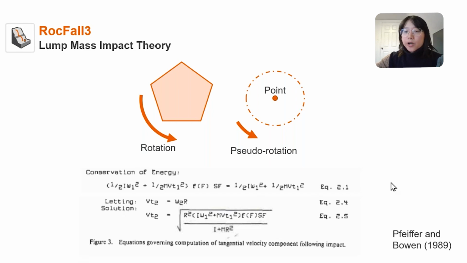This is why we require user inputs for rock density and mass so that an equivalent volume and radius can be assumed for calculating the rotational velocity. Another assumption is that in order to ensure the conservation of energy, a relationship must be established between the rotational and tangential velocities, as shown here in this formulation from Pfeiffer and Bow in 1989.